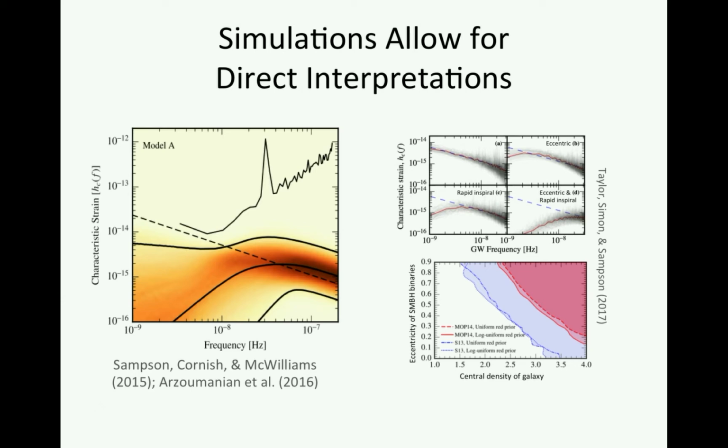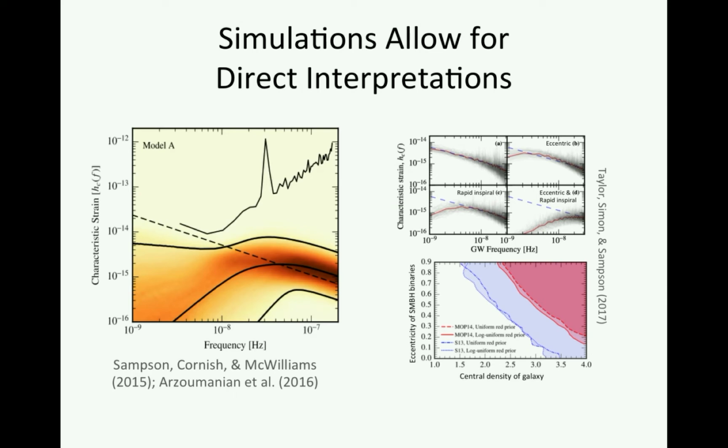In slot number C, you're seeing a rapid in-spiral due to a very dense central bulge where a galaxy has lots of stars. And then D shows both a highly eccentric population and galaxies that have very dense stellar bulges.